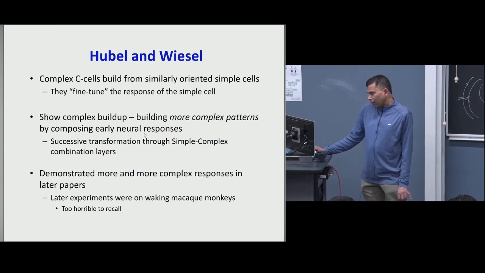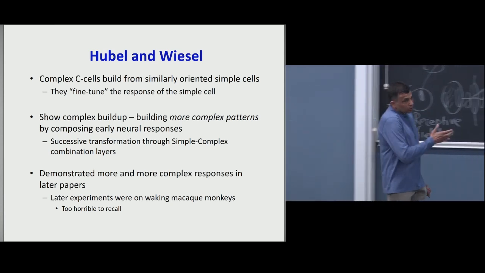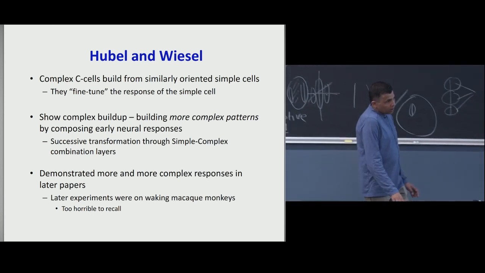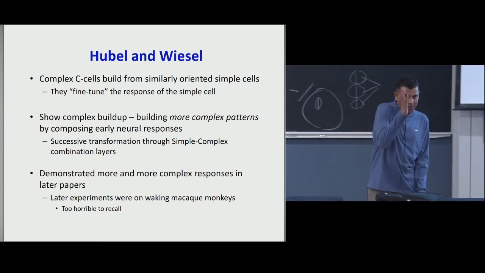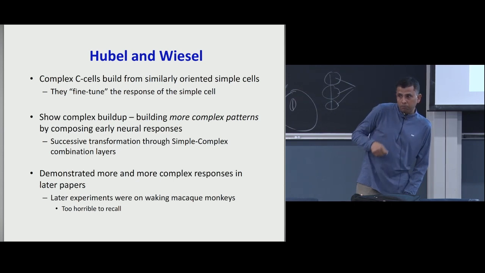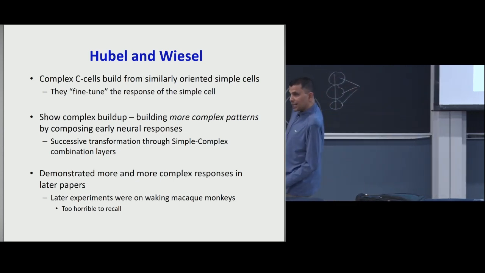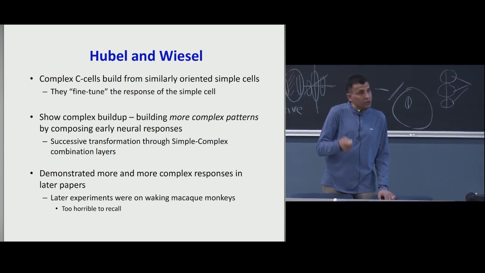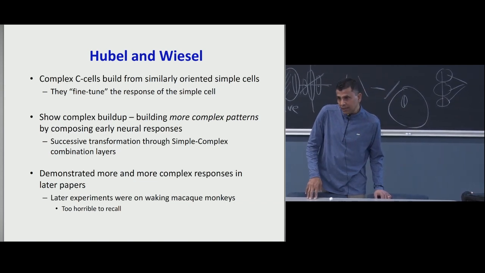But then as you go through the brain, they also found that there was a hierarchical structure. You had these S cells which were detecting patterns. You had C cells which were looking at groups of S cells to make sure that they actually picked up signals.